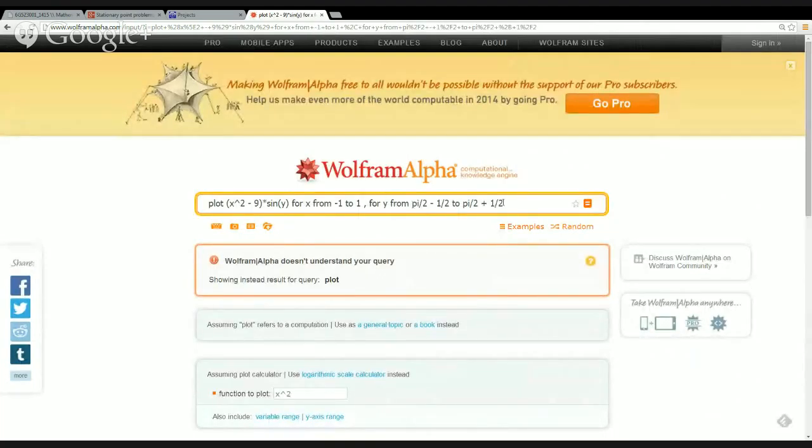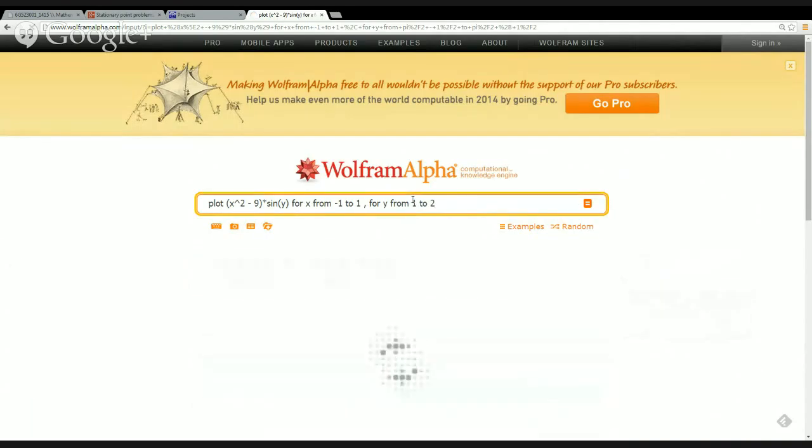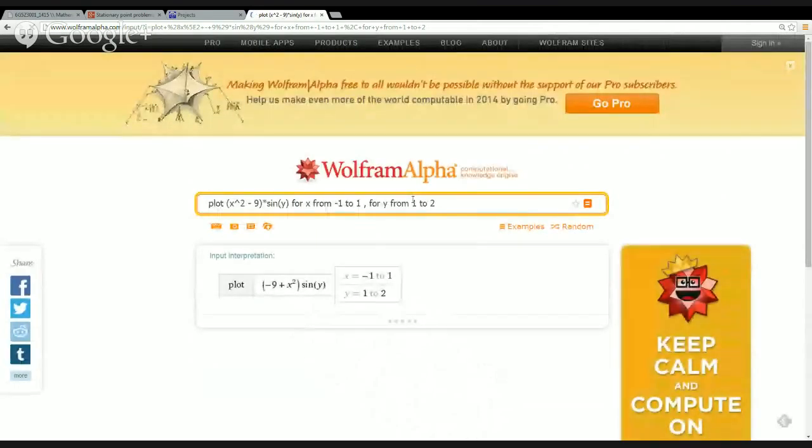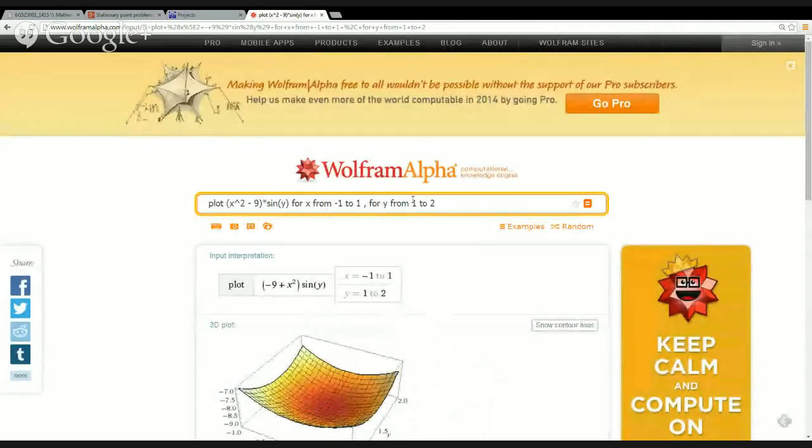Okay, so I've gone too complicated for it there. But just go, so what's pi over 2? That's 1.5. So go from 1 to 2. So this should look like a local minimum, and indeed it does.